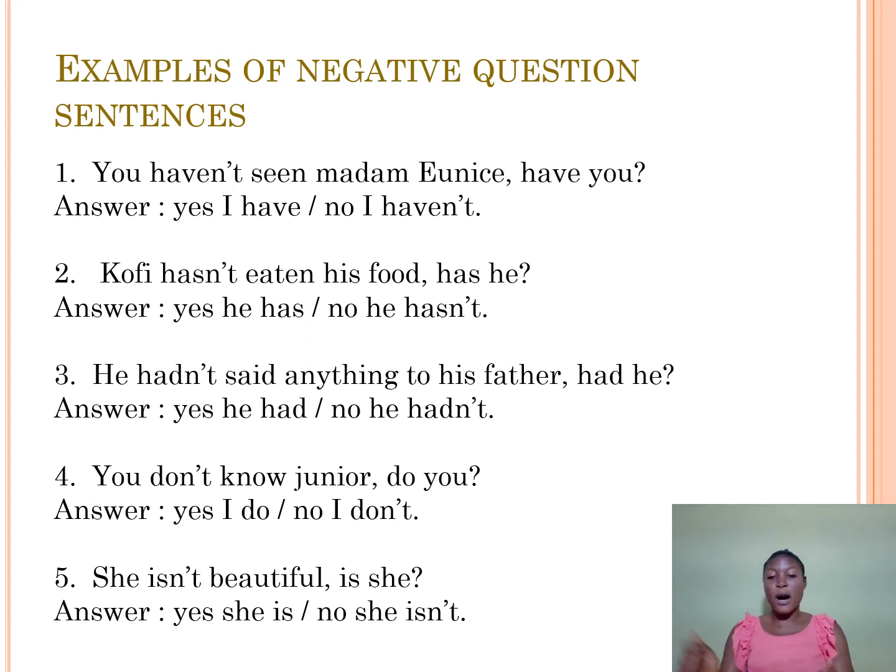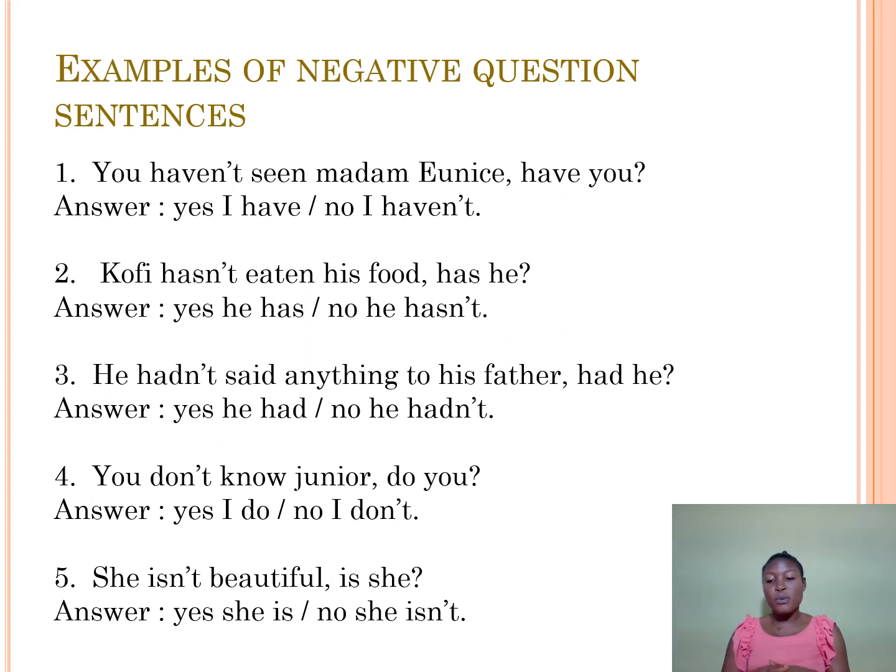So you see now, these kinds of questions, the positive question and the negative question, come with differences, where the negative has not or an apostrophe t added to the verbs. But the positive does not have anything as such.